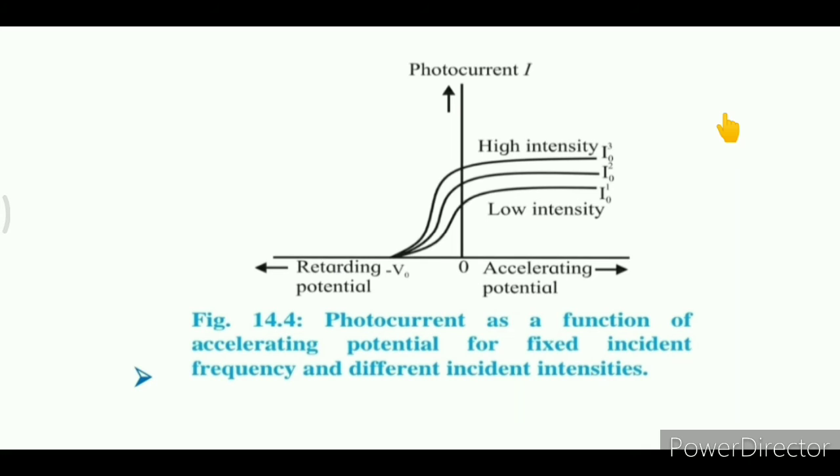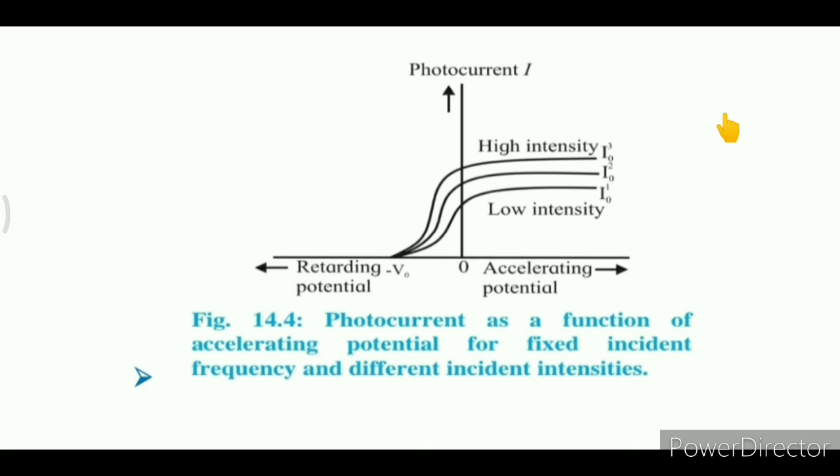And in the variation of the photoelectric current when a potential difference between the plates C and E is applied, first we considered positive potential given to the collector plate, and here we got that as the intensity increases, the value of the saturation current also increases proportionally.